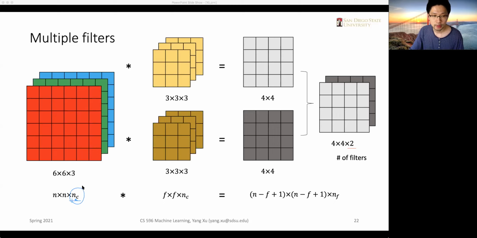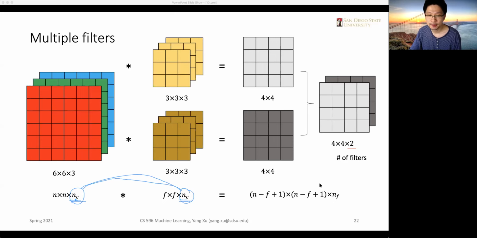So there's one match here, which is that the number of channels in the filter needs to match the number of channels in the inputs. That's the first match, right? Otherwise, the computation will not be valid.